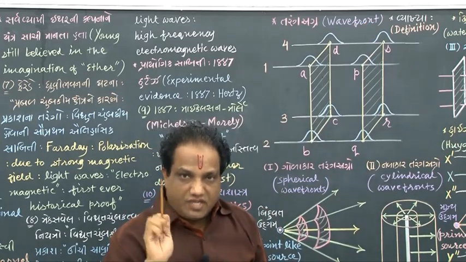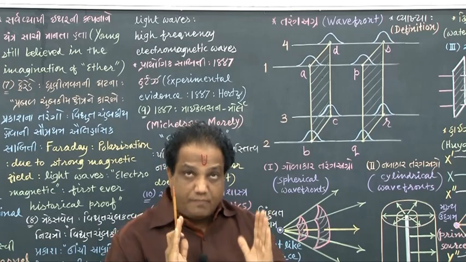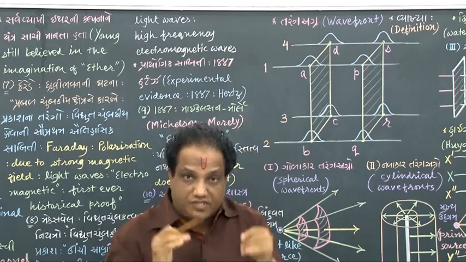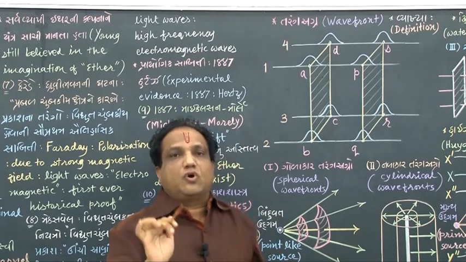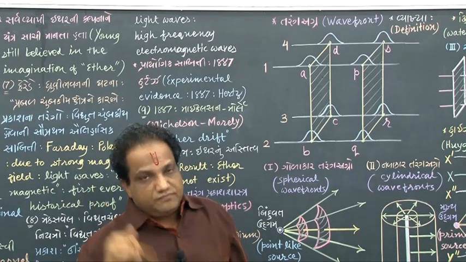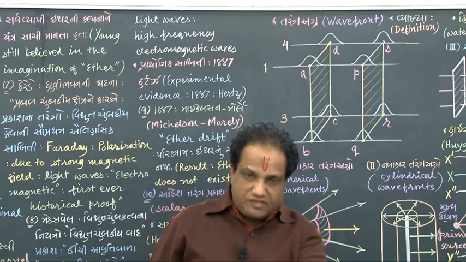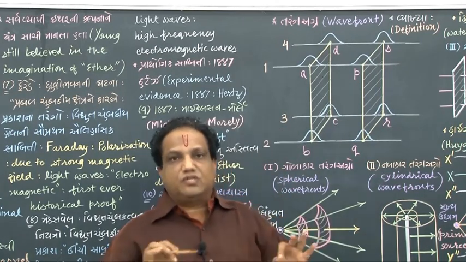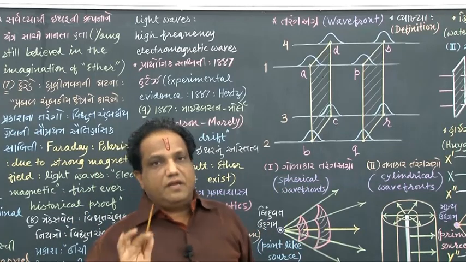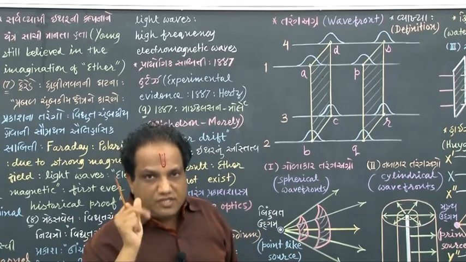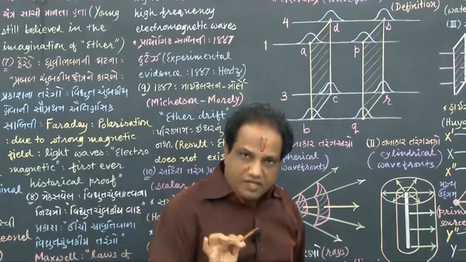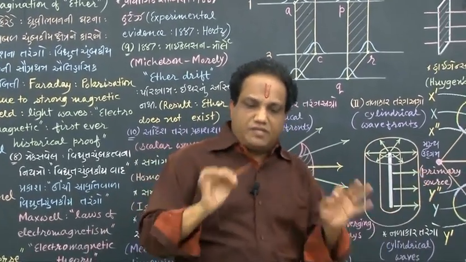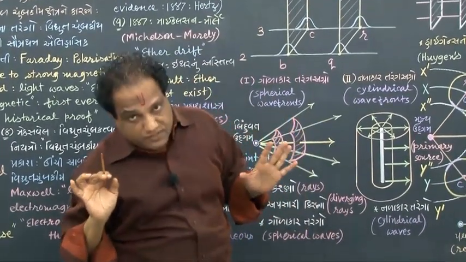An imaginary surface passing through the particles oscillating with the same phase is called a wavefront. I repeat, an imaginary surface passing through the particles oscillating with the same phase is called a wavefront.